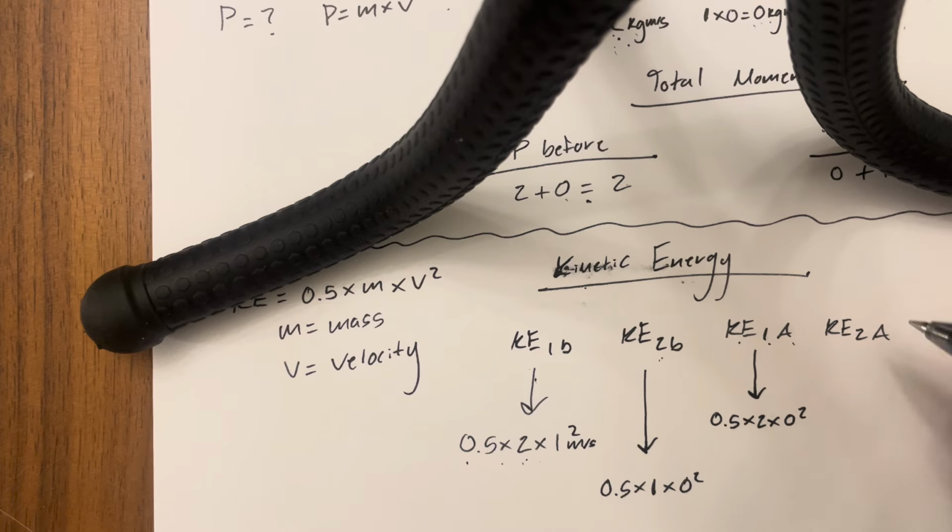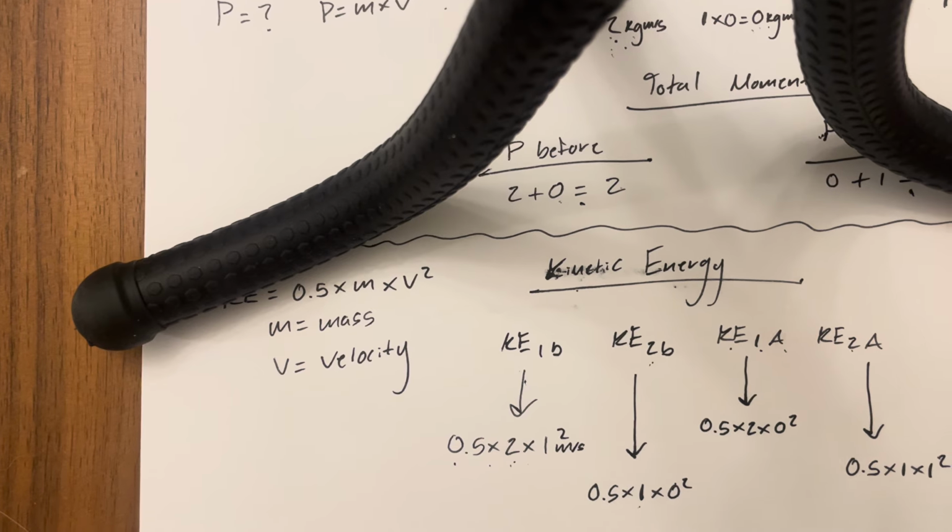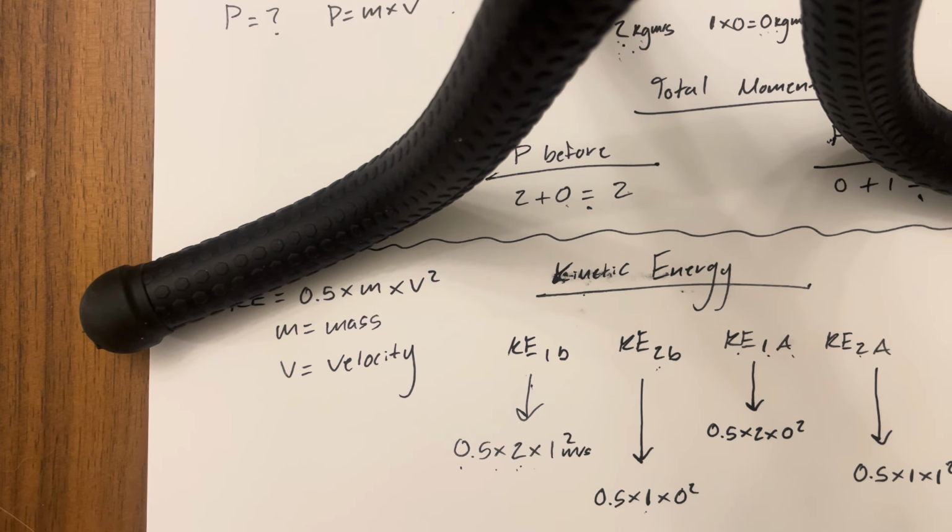Now the next one, KE2: 0.5 times my mass, and my mass of the second object was 1, times the velocity of 2 after. I'm going to look back up at the top. It was 1 squared. Plug this into your calculator and we should get our answers.